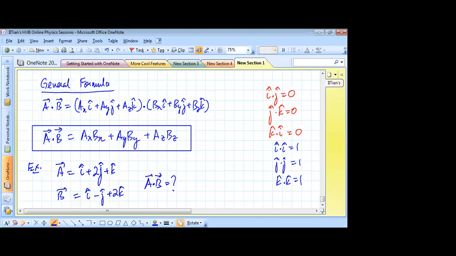By this formula, A dot B will become the product of X components, so that is 1 into 1, plus the product of Y components, so that's 2 into minus 1, plus the product of Z components, so that's 1 into 2. So the dot product is in fact equal to 1 minus 2 plus 2, so that's 1. So the dot product A dot B is 1 in this case. So this, as you can see, is a very easy method for vectors given in component form.